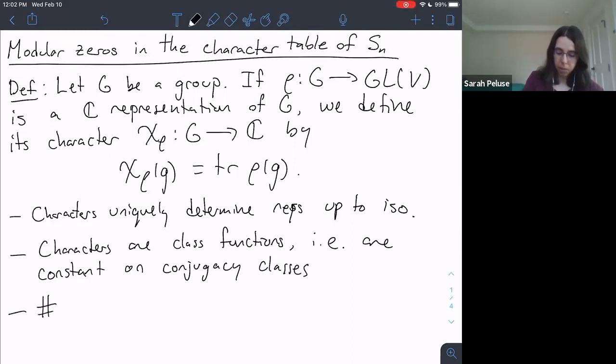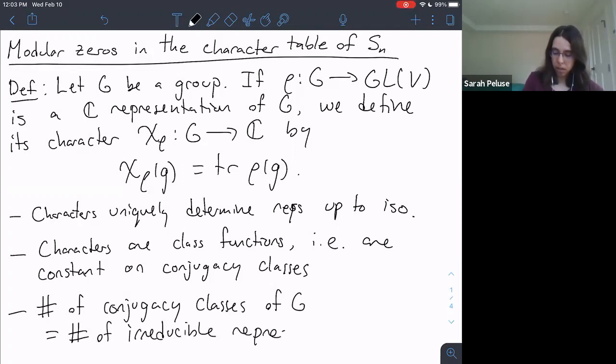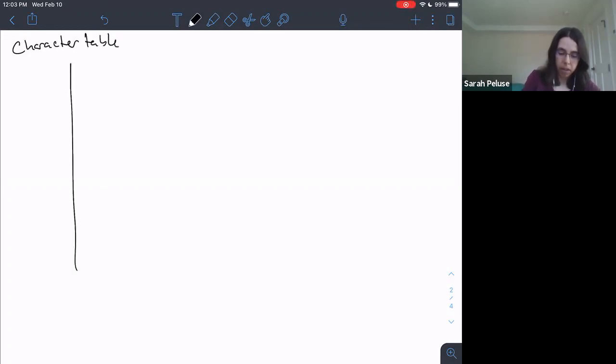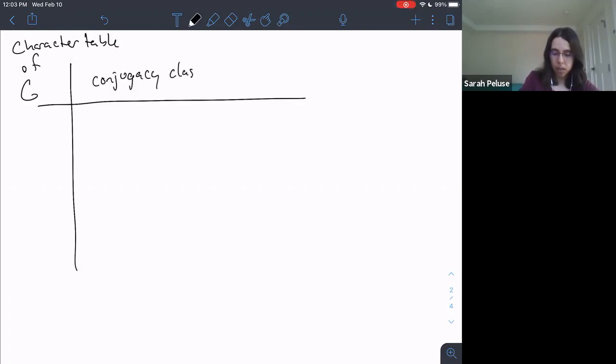And the number of conjugacy classes of a group G equals the number of irreducible representations, which for the remainder of the talk, I'll abbreviate by irreps of the group G. So this means we can organize all of the data of the characters of our group in a character table, which is a square table, where we label the columns by the conjugacy classes and the rows by the irreducible representations.